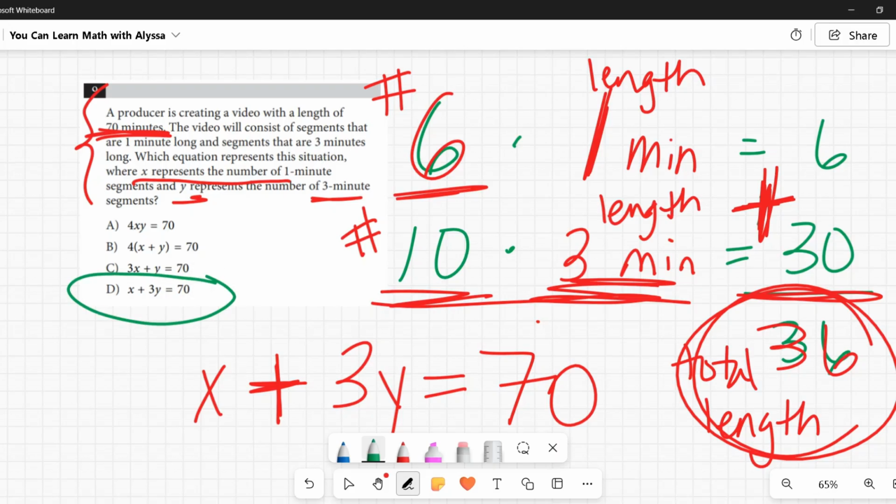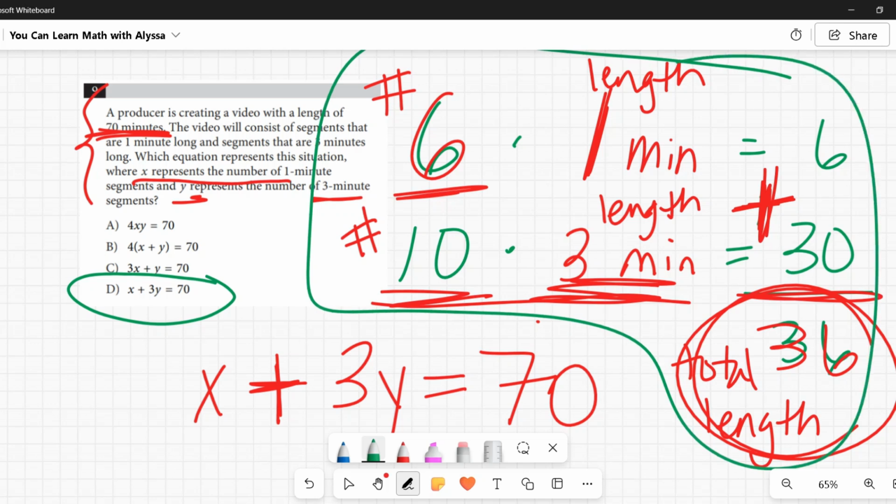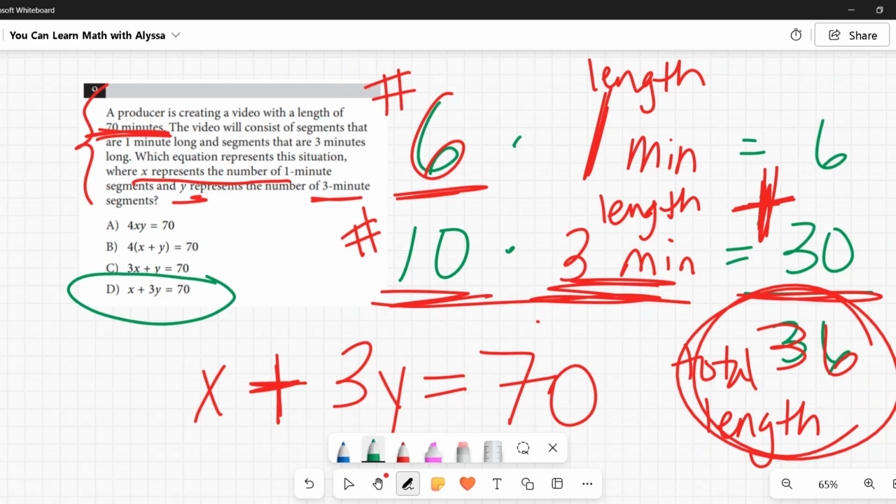And that is D. And again, I'm not saying that you need to write all this out in order to get to this equation. This is more of a way to help you visualize what's going on, presenting you with a tool that can be helpful if you are finding a particular problem difficult.